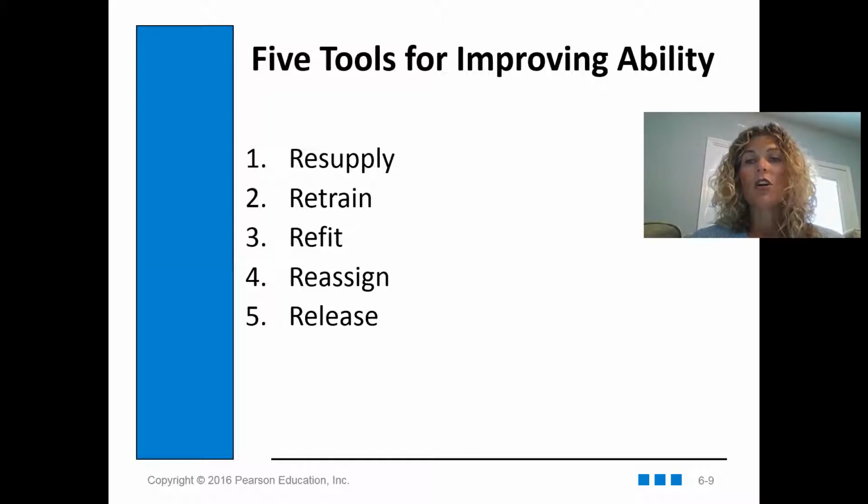Most likely HR, if you go to HR and you say, I got to fire this employee, I want to get rid of them, you're going to need some documentation. You're going to need to show that you've done some things to help the employee and their performance still hasn't improved. And now we're at this kind of last step. All right, so HR is going to want to see that documentation.